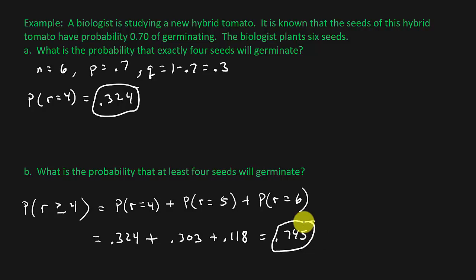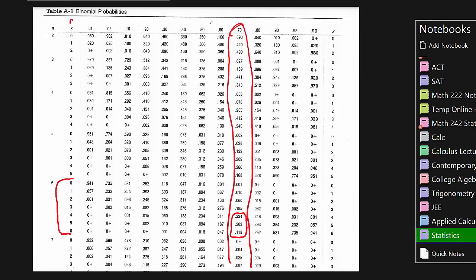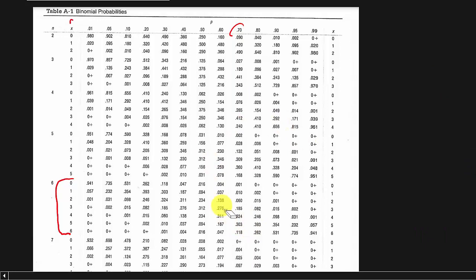Now, that's kind of basic. One thing I do want to point out on this table, and this is going to come in handy in the next video. Do you see all these little blocks of numbers right here? Each one of these, like this set of numbers here, they add up to 1.